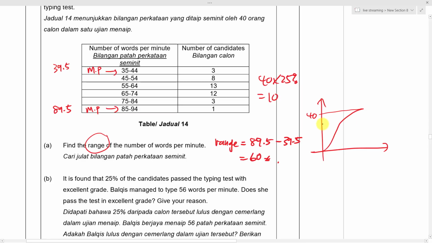So therefore the top 10 will be here, and definitely we need to find the value here. But what I want to say is the top 25% is actually the Q3, because a lot of students, when they see 25%, straight away assume it is Q1. So therefore, it's Q3.